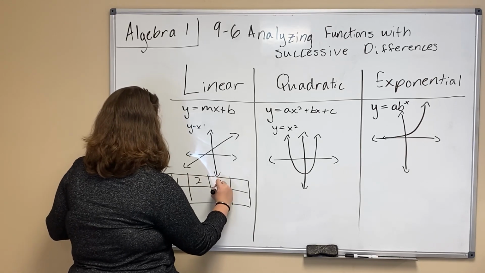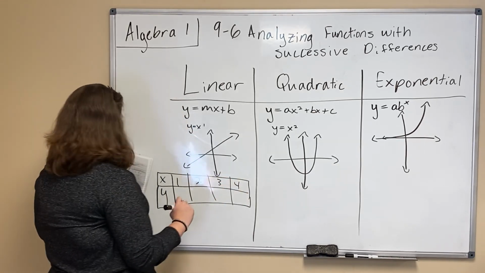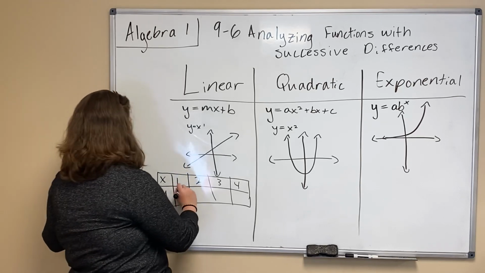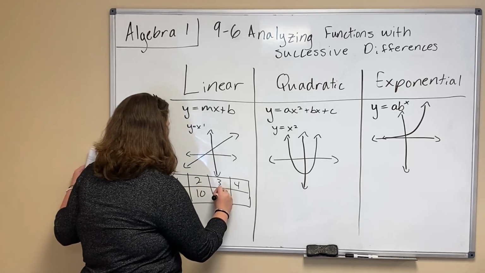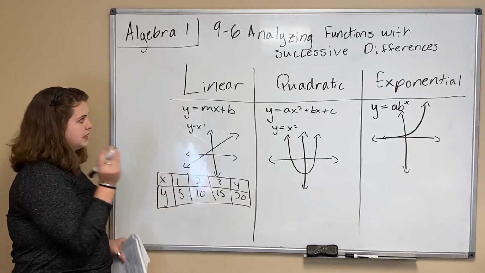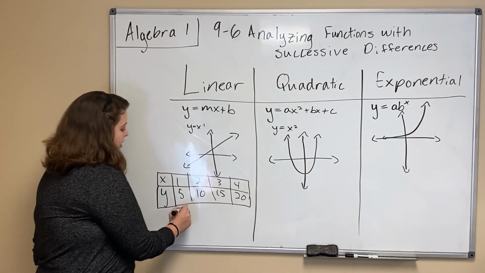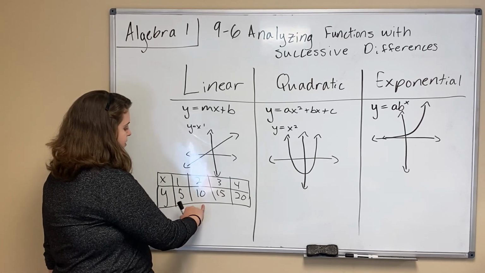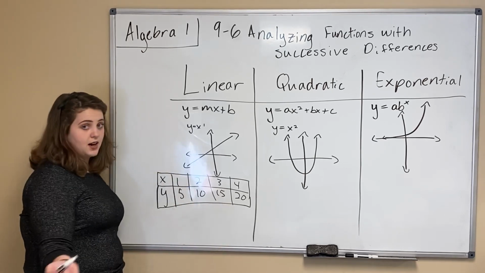So my x values are 1, 2, 3, 4, and my y values are 5, 10, 15, 20. So when I'm looking at a linear function's table, when I find the difference between each term, it should be a constant rate.